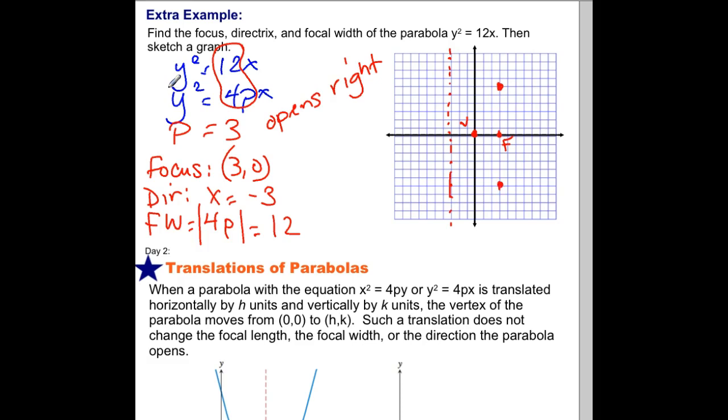And now I have a couple points that I can aim at to draw my parabola. And that gives me a good idea of how wide the parabola should be. Okay? So remember that this space here is half of your focal width. Okay? Or 2p.